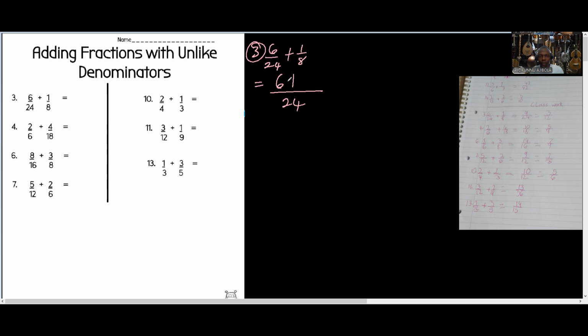Then 8 in 24 is 3. 3 times 1 is 3. And this is 9 over 24, which we can reduce to 3 over 8. Yeah, you only missed this place. But if you leave your answer this way, it's still okay, but it's good to try to reduce it, so take note of that, okay?